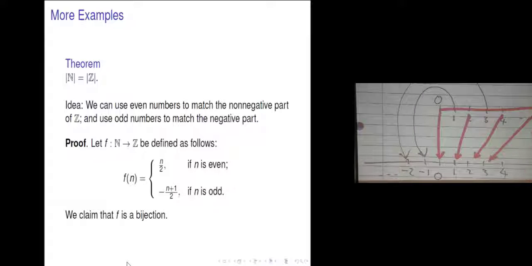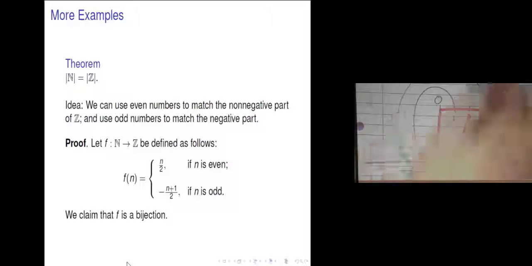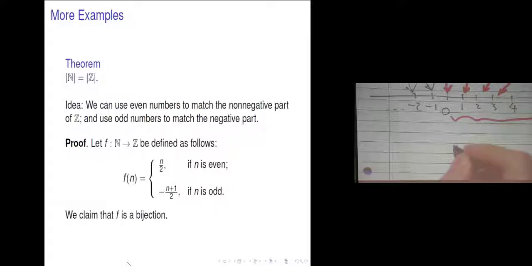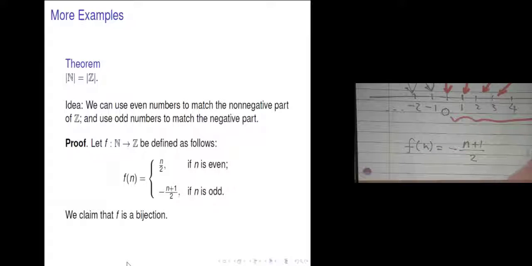So here, lots of odd numbers are going to be mapped to the negative numbers. So this one, I map it to -(n+1) divided by 2. So f of n equals this, if n is odd.